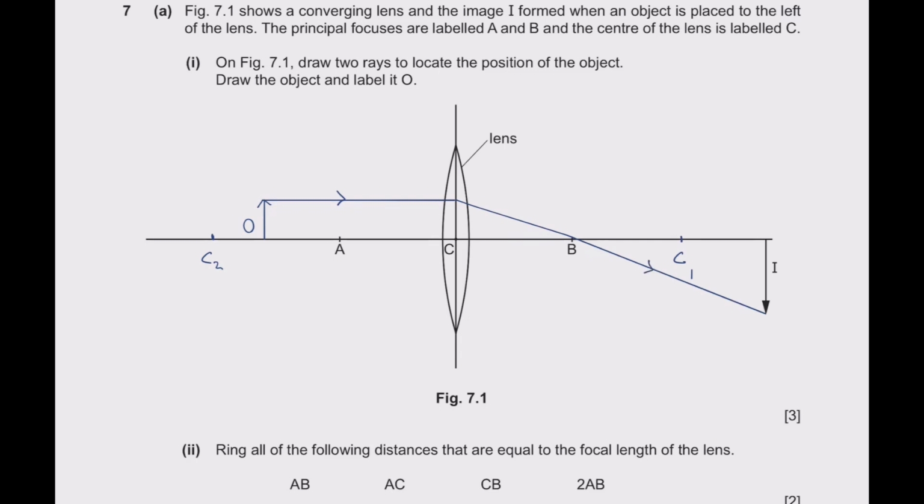Another ray you can draw from the optical center. Without any deviation, it will pass through and meet at that point. I am trying to draw the straight line, which should pass through the center of curvature.